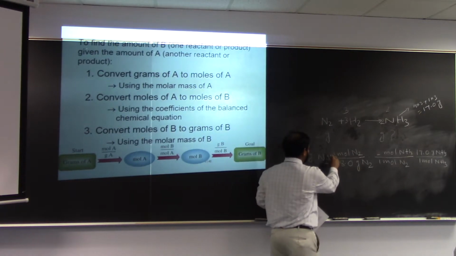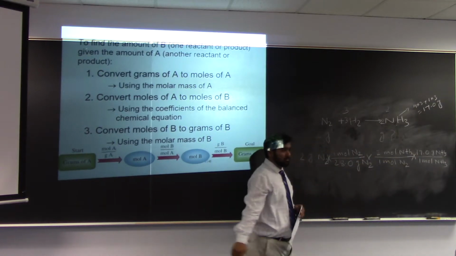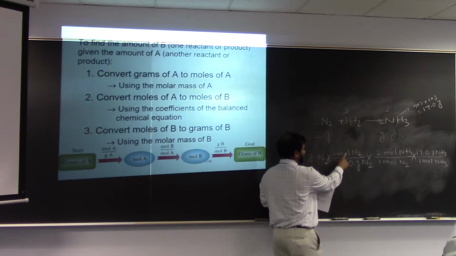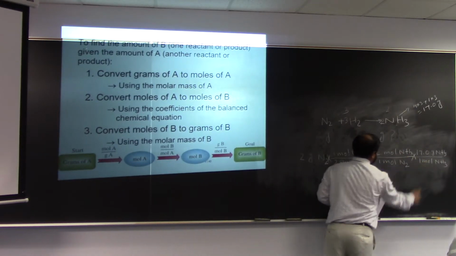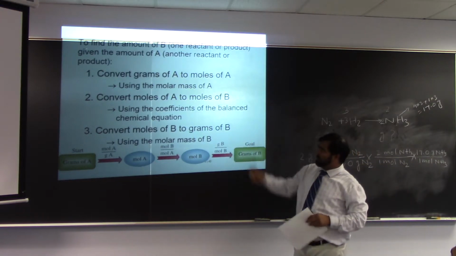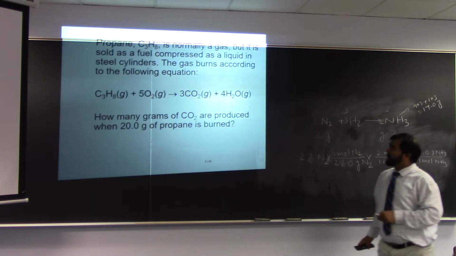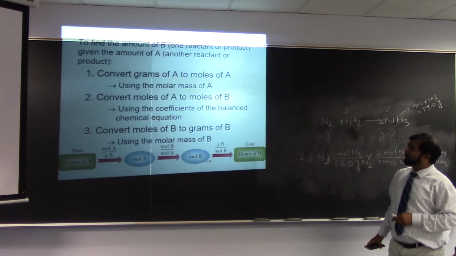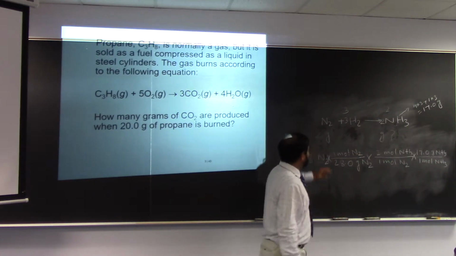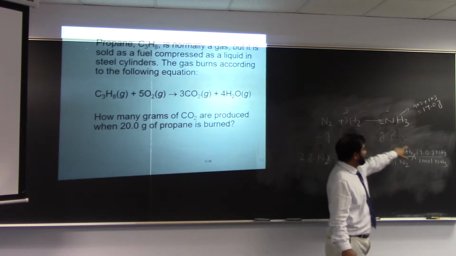You can use a cross dot in the middle. So now gram cancels out, nitrogen cancels out, mole of ammonia cancels out. You have the gram of ammonia, what you need to calculate, as you see in the question. How many grams of ammonia are you producing, right? So grams of ammonia is here.